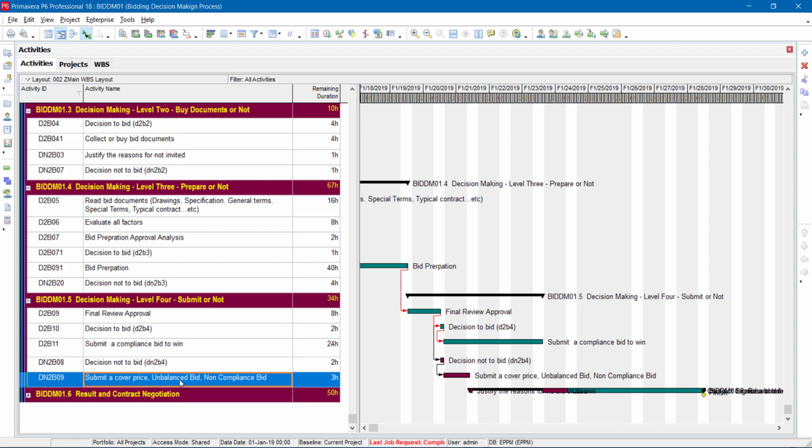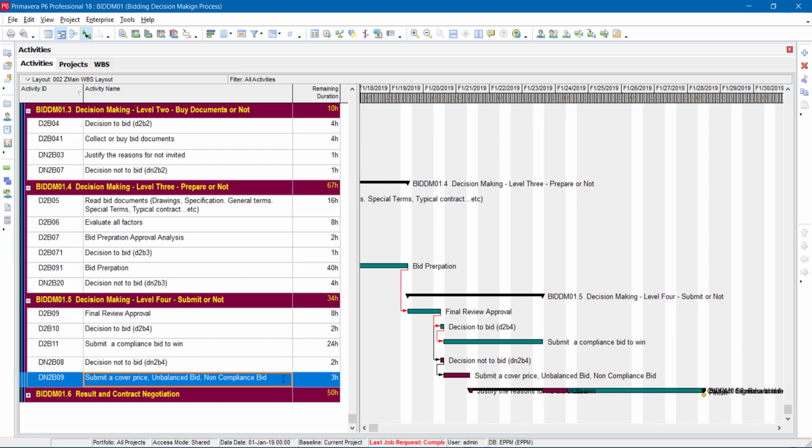An unbalanced bid means they put a lot of conditions on the client and move the risk to them, which is not accepted by the client in most cases. And non-compliance is similar to an unbalanced bid, but it gives other options and a different approach, not complying with the client's bid documents.